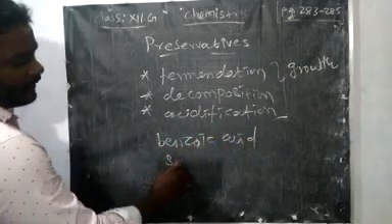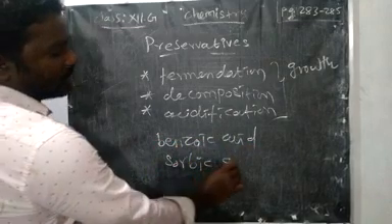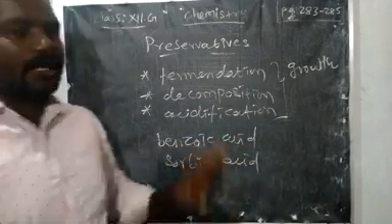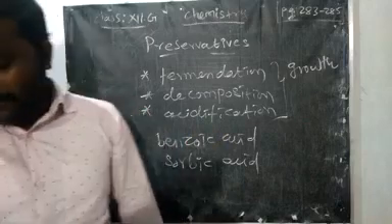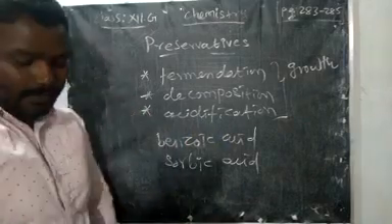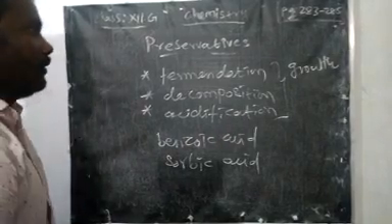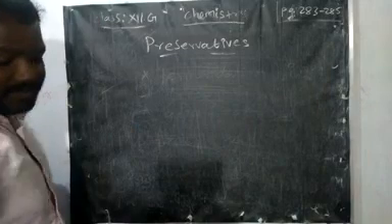Benzoic acid, sorbic acid, organic acids are used as preservatives, but some other preservatives we will also see now, because in different foods we use different preservatives.